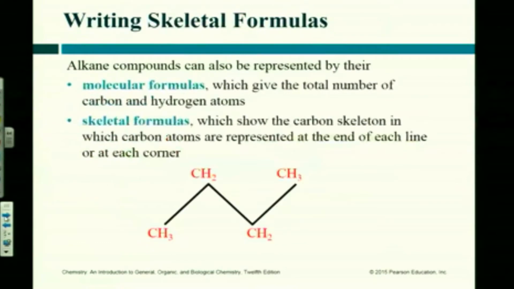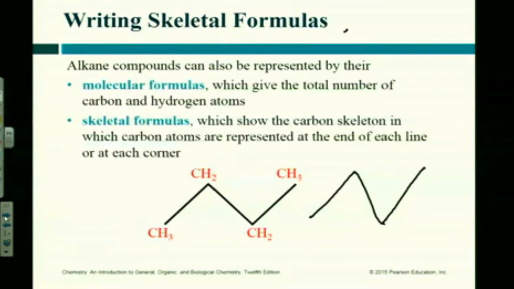The other formula that we can write is a skeletal structure. The skeletal structure for butane looks like this. Every time there's an end or a point, that implies that there is a carbon. This is a carbon, this is a carbon, this is a carbon, and this is a carbon. So if I want to draw the skeletal structure for hexane, what would it look like?